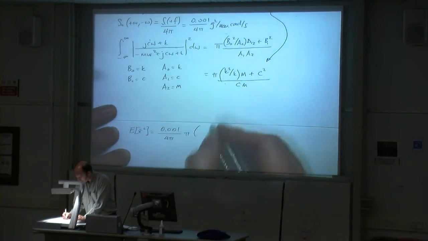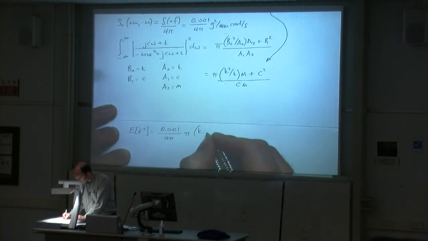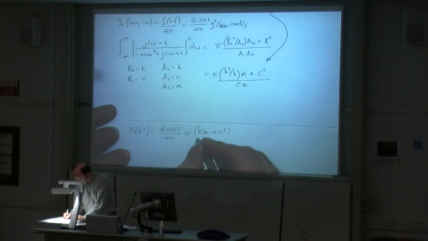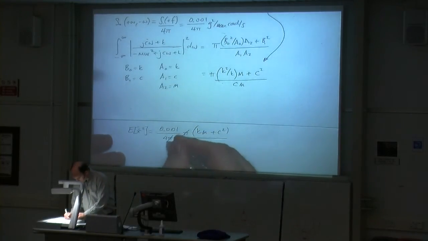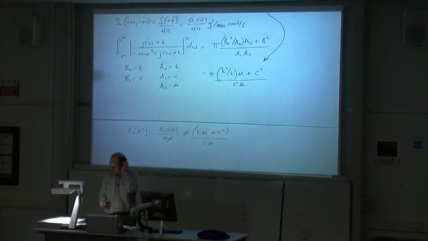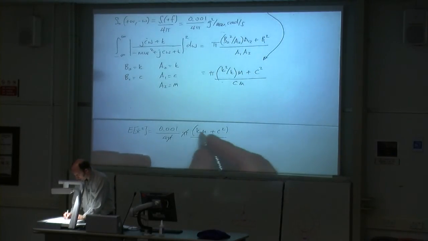This k squared divided by k is obviously k, multiplied by m, plus c squared divided by cm. The pi's cancel. Now, before we can do this, we need to work out what k, m and c are. K and m we've been given.